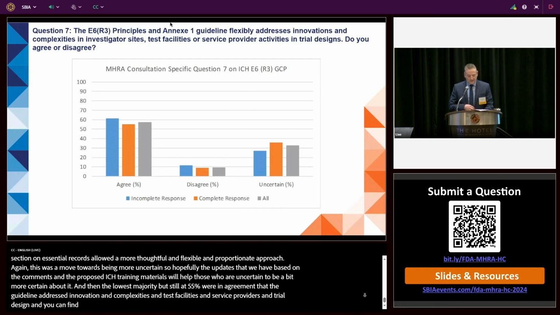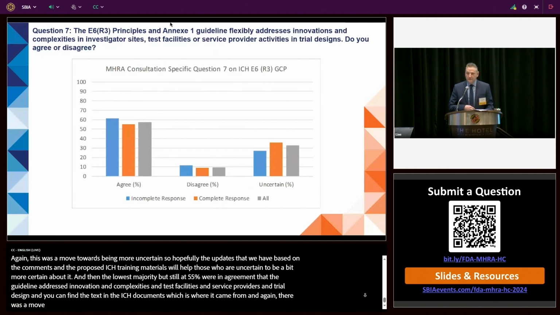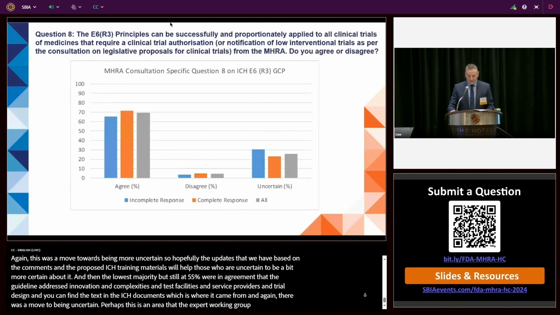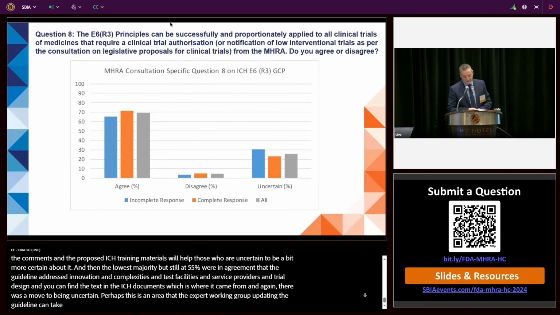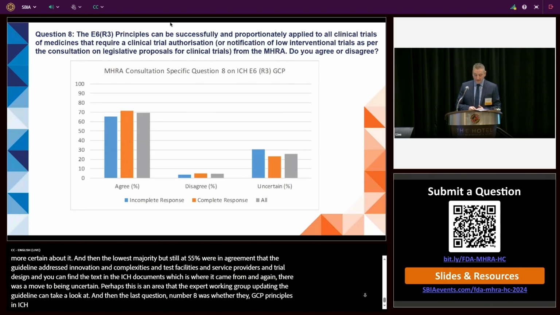And again, there was a move to being uncertain, and perhaps this is an area that the expert working group who are updating the guideline can take a look at. And then the last question, number 8, was whether the GCP principles in ICH section 2 can be successfully and proportionately implemented into the UK legislation, and over 71% thought that could be done.